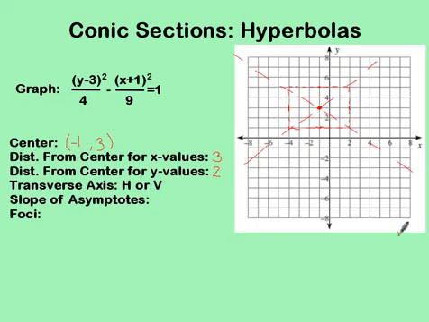If we look here, I see that my y values are the ones being squared, so I know that my transverse axis is going to be vertical. So this is my transverse axis right here, and from there these two points are my vertices. To graph this, start at your vertex and just go out and ride along the dotted lines you just made that are your asymptotes.